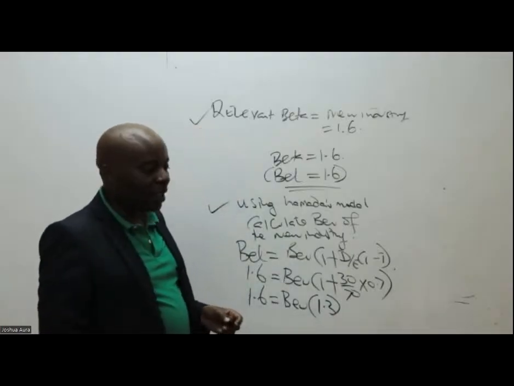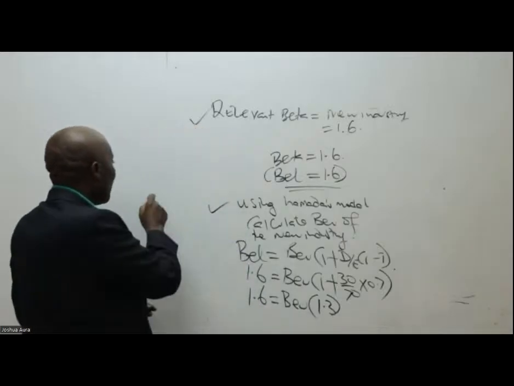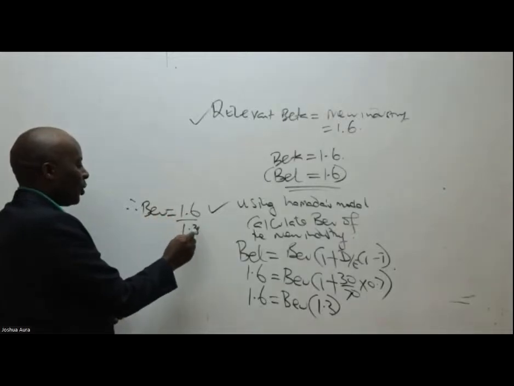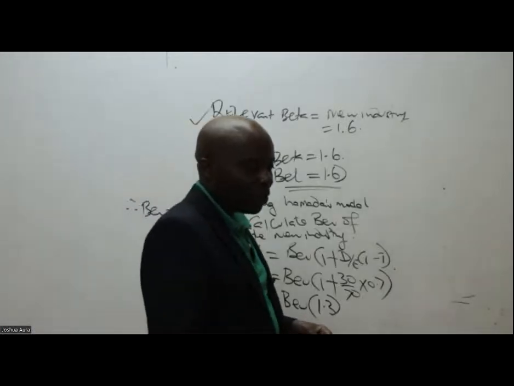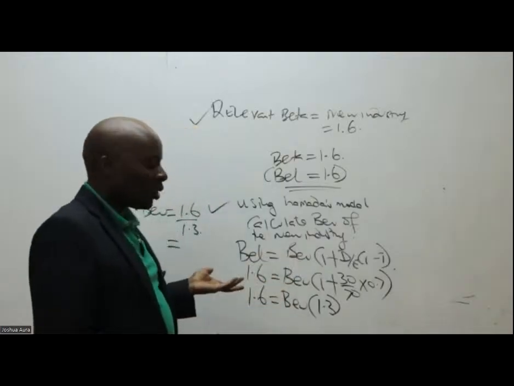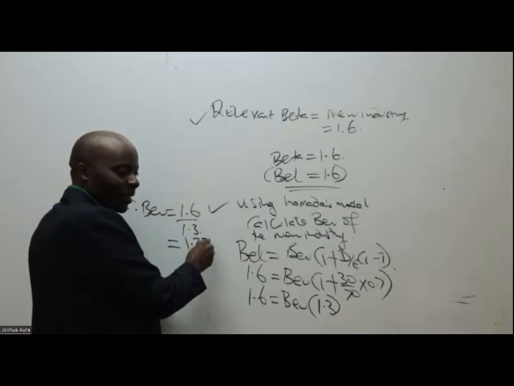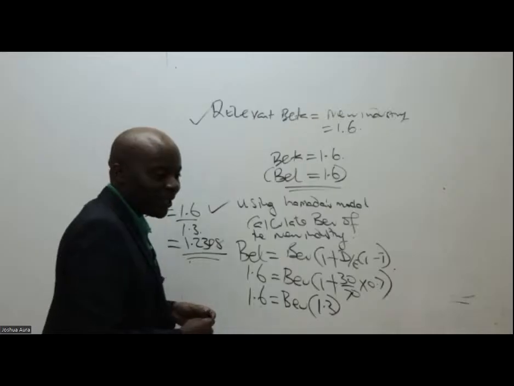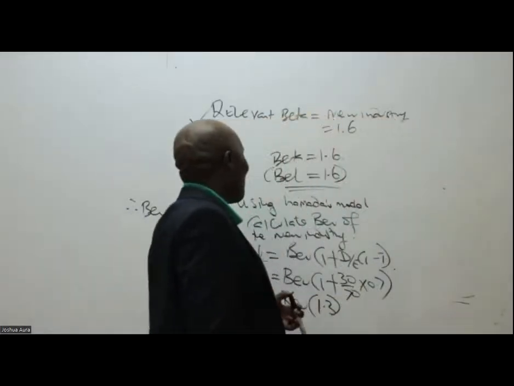So meaning that at the end of the day, my BEU will be equal to 1.6 divided by 1.3, which is 1.23. Oh, you got it. You don't have a different figure. Thank you so much. That is wonderful.